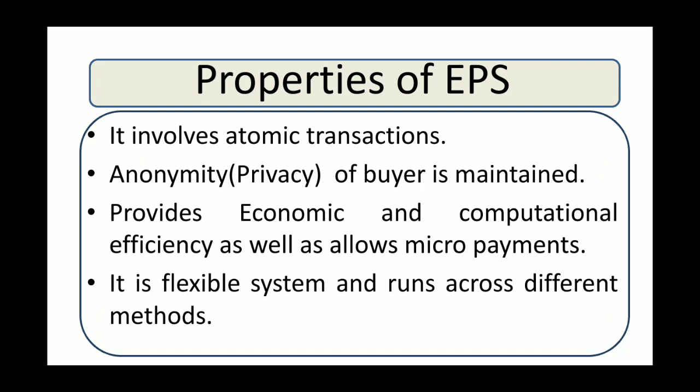It is a flexible system and runs across different methods. Using different software also you can pay the money, with different sources also you can pay the money. These are the main properties of electronic payment system. Sometimes this question is asked for 5 marks, you have to write these points.